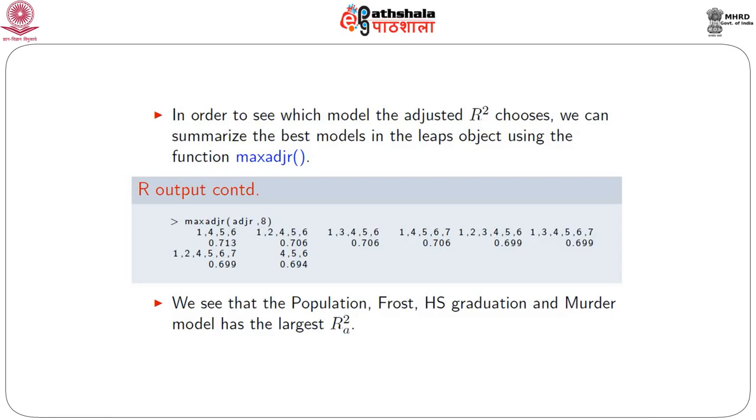We can see that the highest is 0.713, which is for the first model, which contains the predictors population, frost, HS graduation and murder. Now, if you go back to the module variable selection 1, when we had used backward selection, forward selection and stepwise regression methods, the best model selected using the same data set also contained the 4 significant predictor variables, the same 4 that we have selected here.